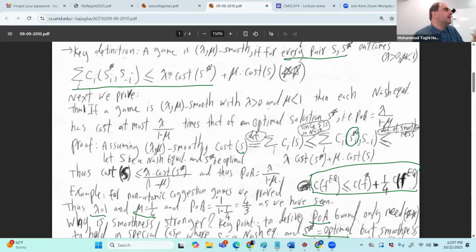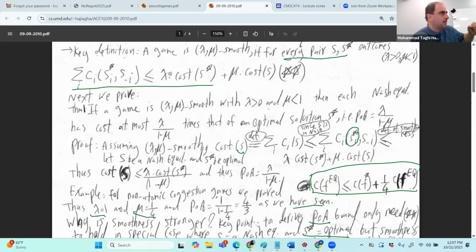But interestingly, we can prove the price of anarchy for lots of games that we know using this, because the proof really does not use the fact that S is a Nash equilibrium or that the other one is the optimum solution.